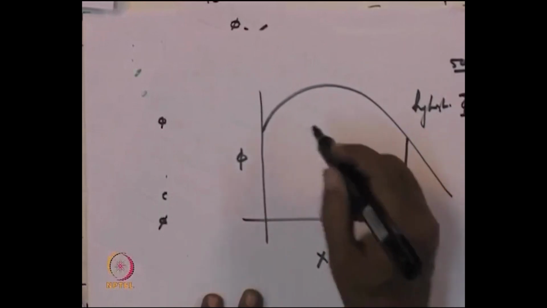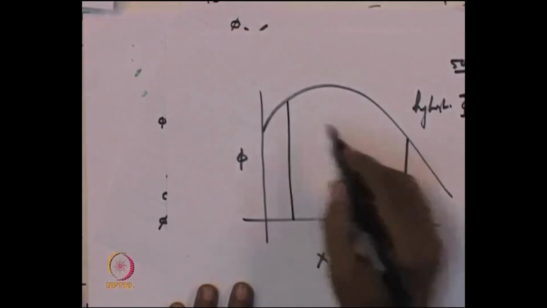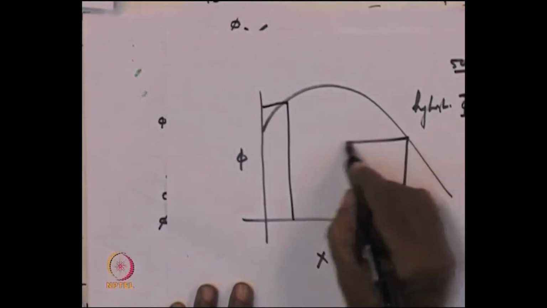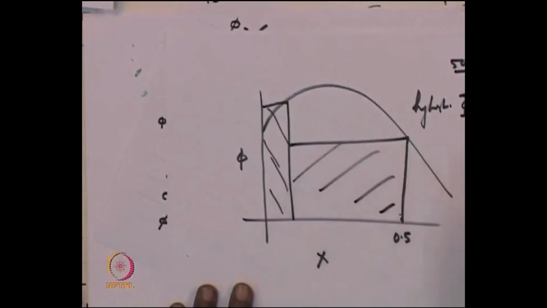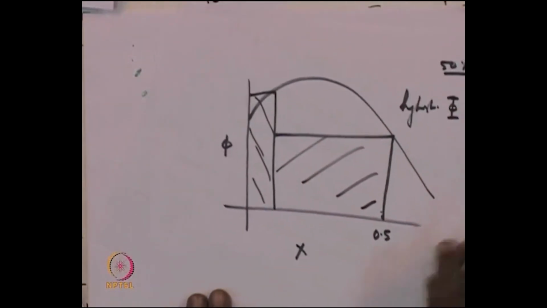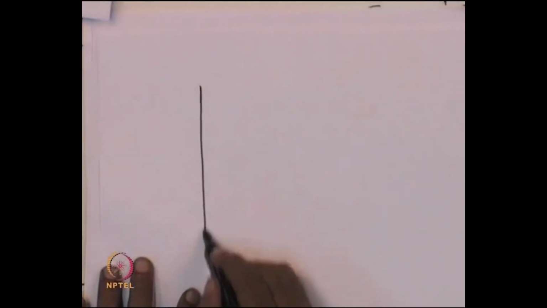See, let us do a small experiment. Let us say I do one here, I do one here. So, what is the area? This is the area, correct? Yes or no? Now, let us do one more experiment here.